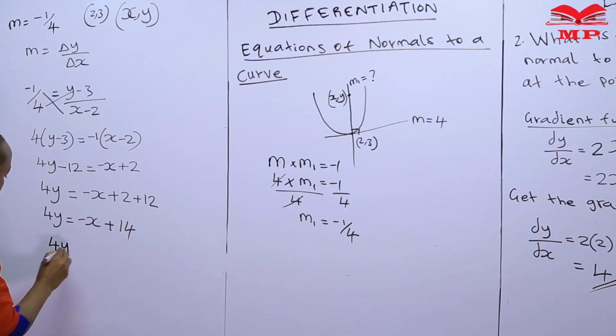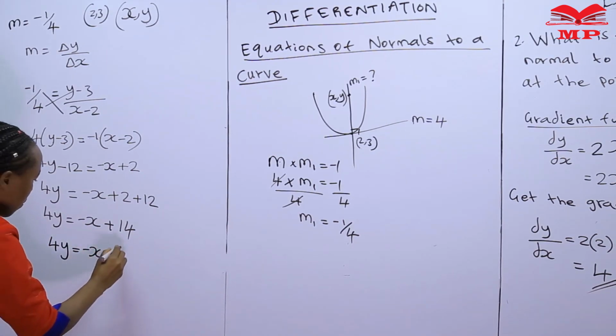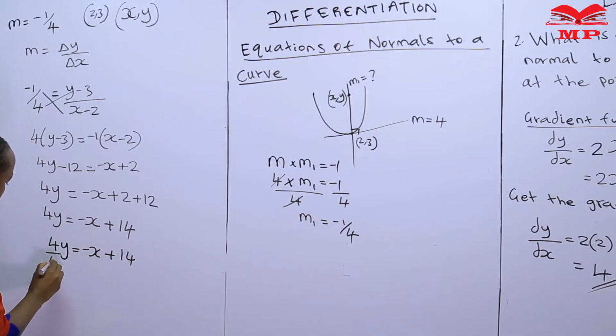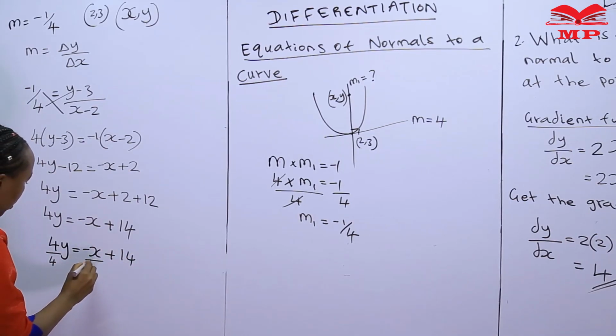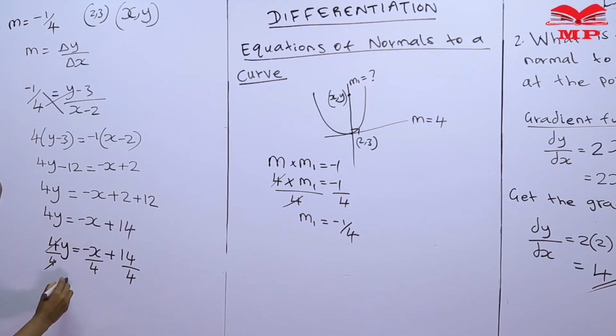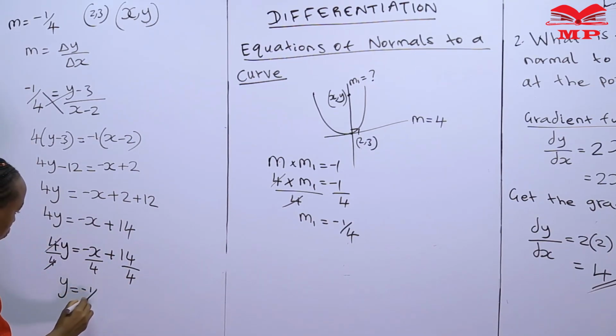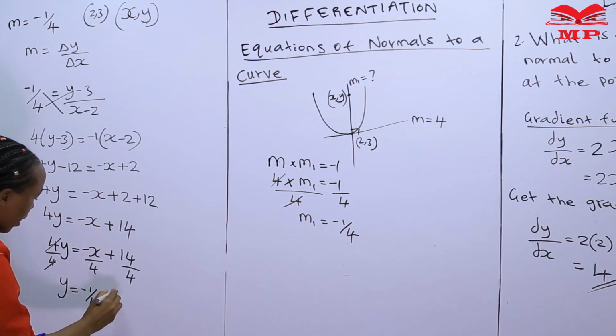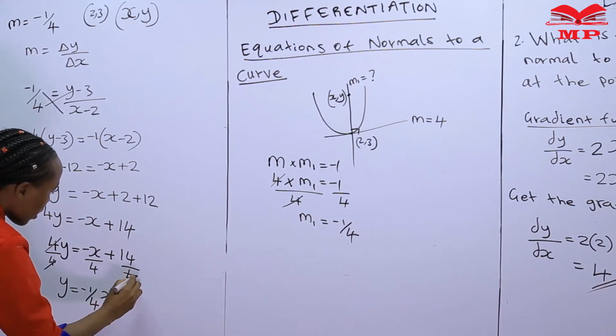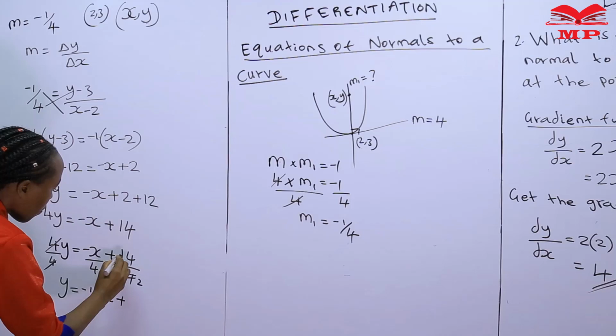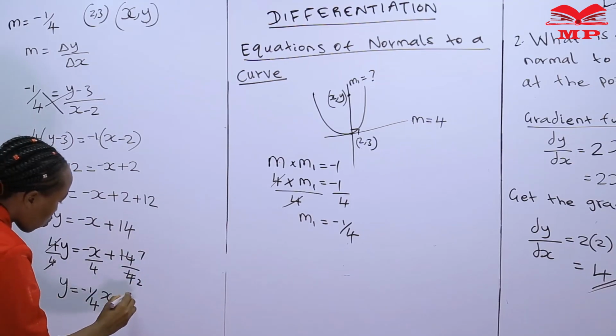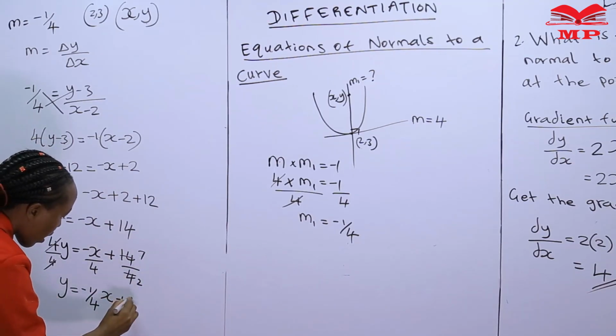So we'll have 4y is equal to negative x plus 14. We divide by the coefficient of y, which is 4. So we end up getting y is equal to negative 1 over 4 x, then plus, we can divide this by 2 by 2, 7 over 2, which is 3.5.